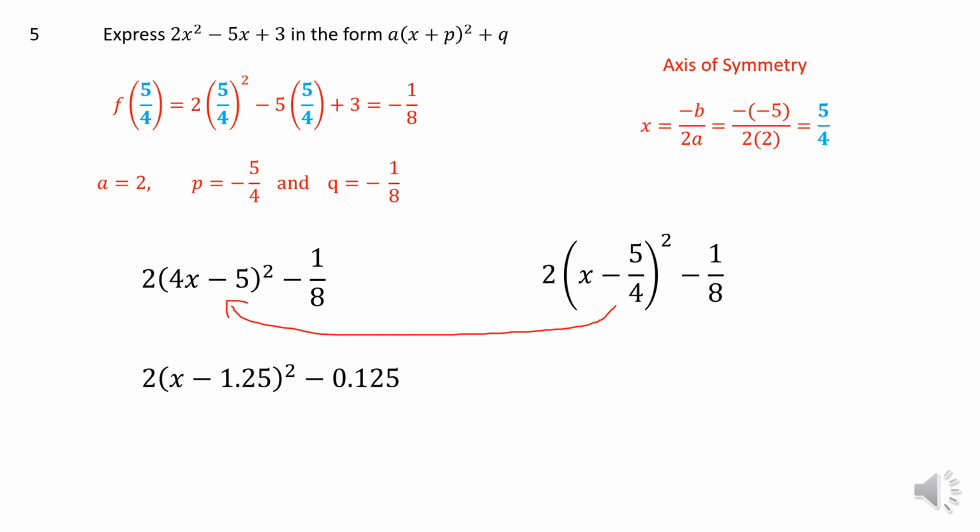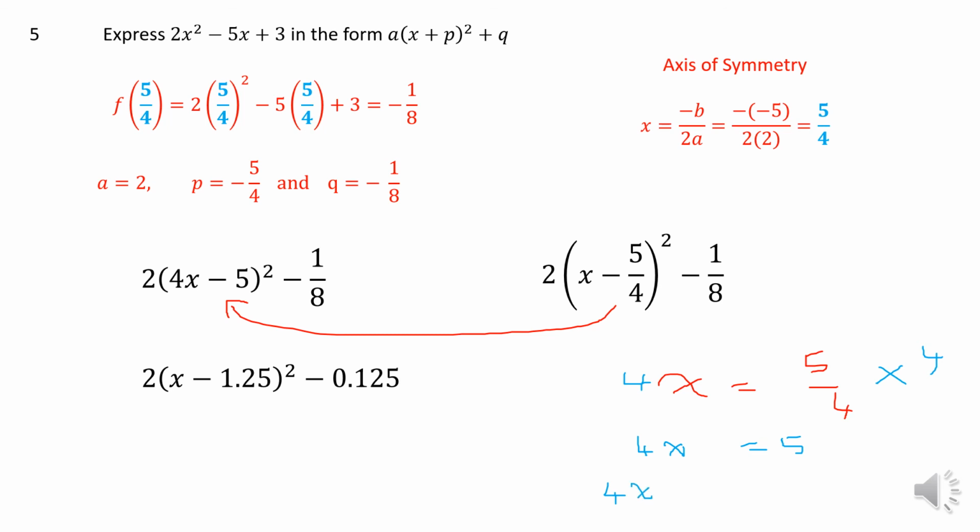Remember, if you take the equation x equals 5 over 4, the way we solve equations in algebra, for example, is we're going to multiply first by 4. So now I have 4x is equal to 5. And then the next thing is I'm going to subtract 5 from both sides.